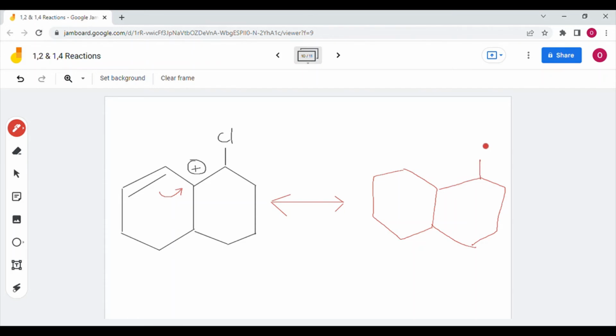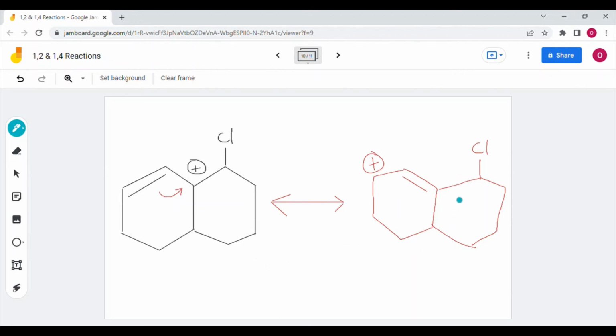Keep in mind, chlorine would be here, the double bond would be here, and now the positive carbocation would be here. So if we compare these two, which structure do you think would be the more stable one?